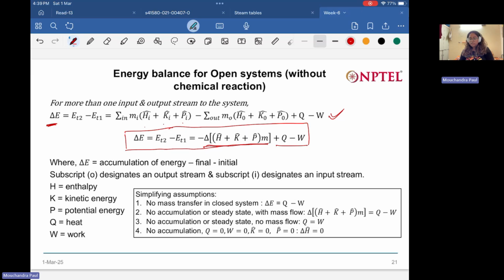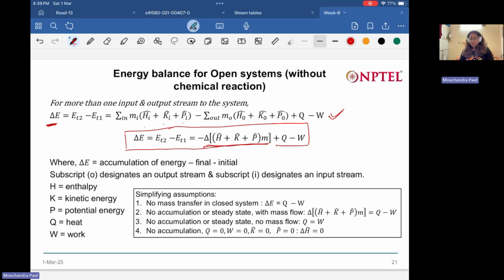So the change in enthalpy, potential energy, and kinetic energy will be equal to Q minus W. If there is no mass flow as well as no accumulation, then the equation simplifies to Q equals W.